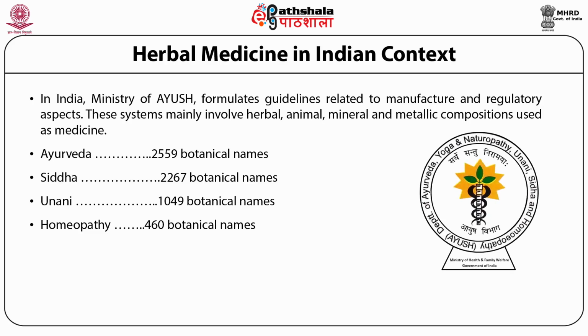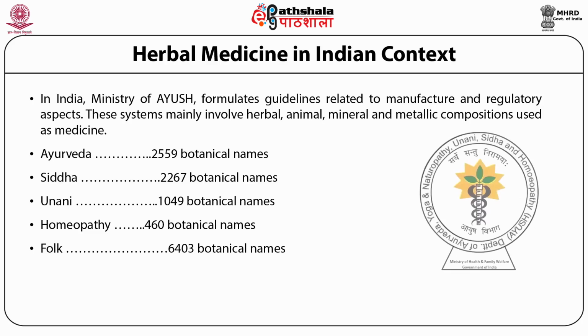There are also other plants which are used in other folk medicines, in folk systems. It has been estimated that over 6,400 plants are used in other folk medicines in the Indian context. So this is about the status of medicinal plants in different systems of medicine.